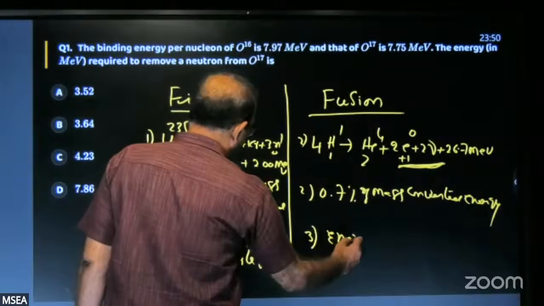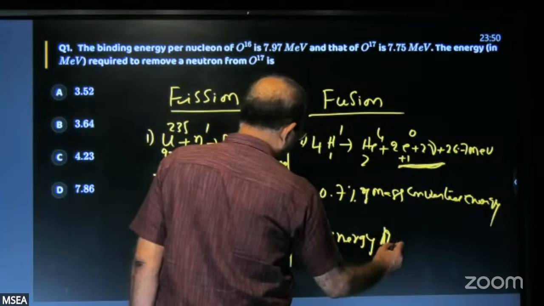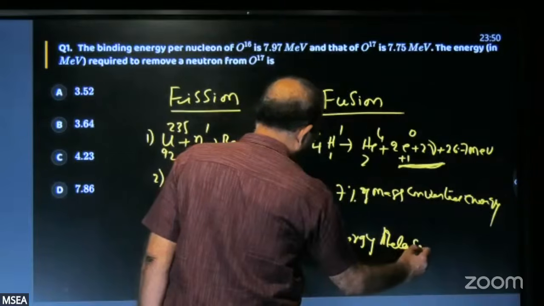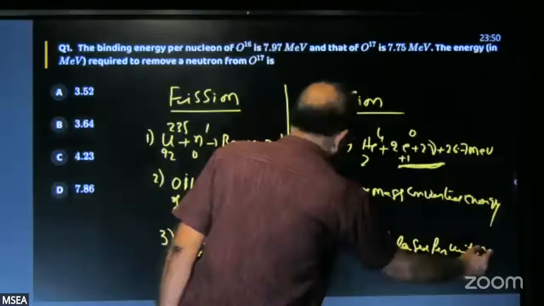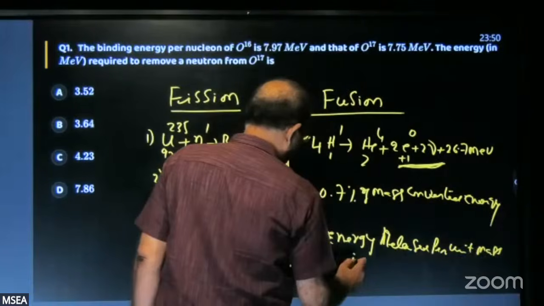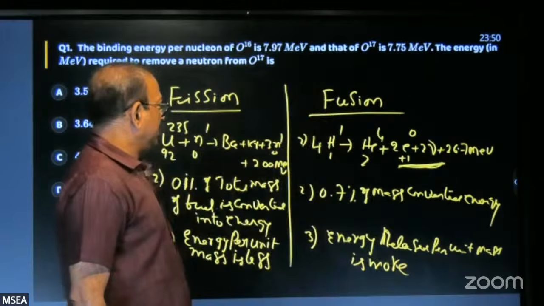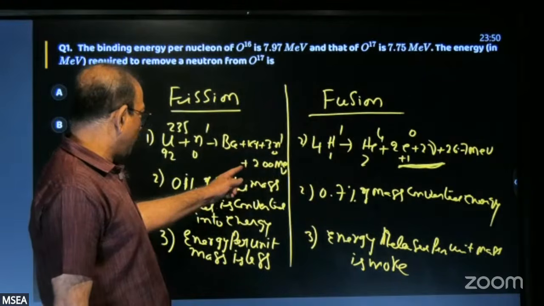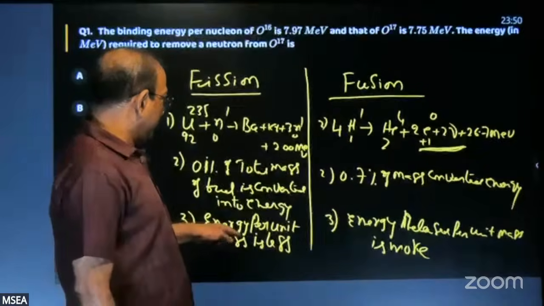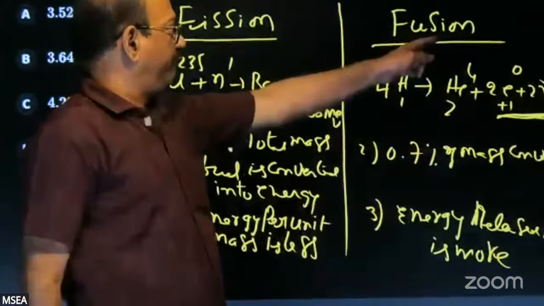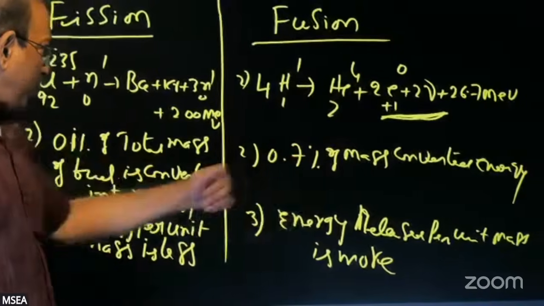Energy released per unit mass is more in fusion. Energy per reaction is more in fission. But energy released per unit mass is more in fusion. Nearly 7 times more.